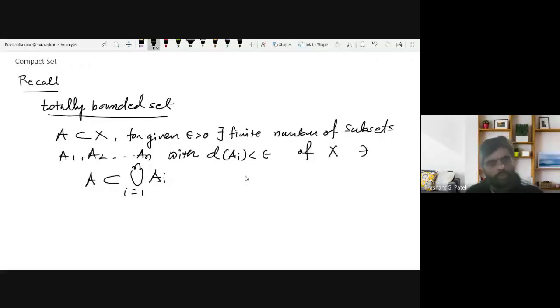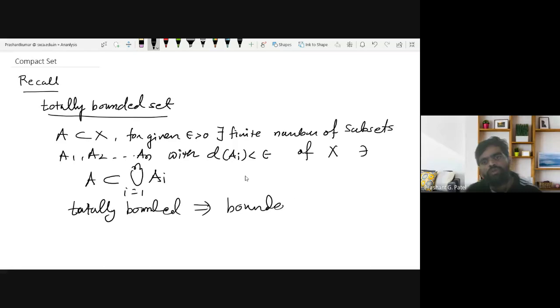We have proved that any set which is totally bounded implies bounded. The converse of this result is not true. We have seen the example in L2 space, which is the square summable sequences.